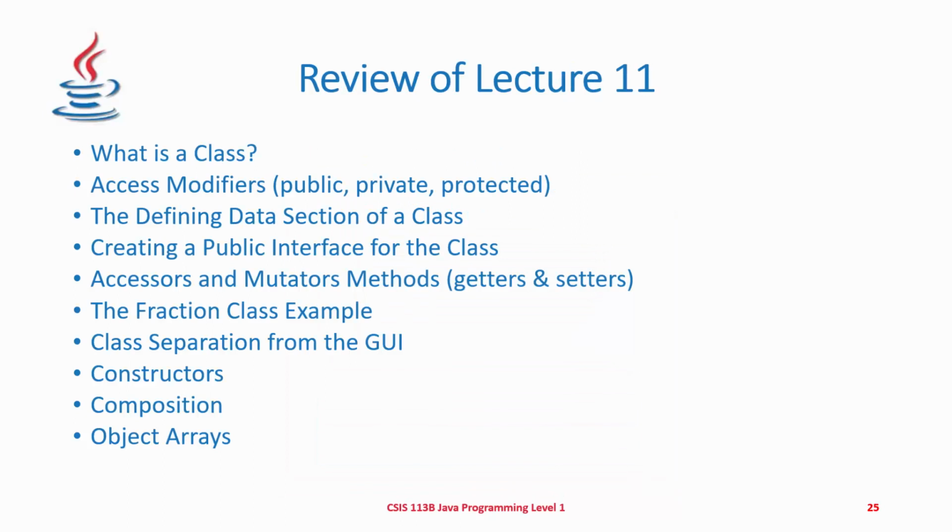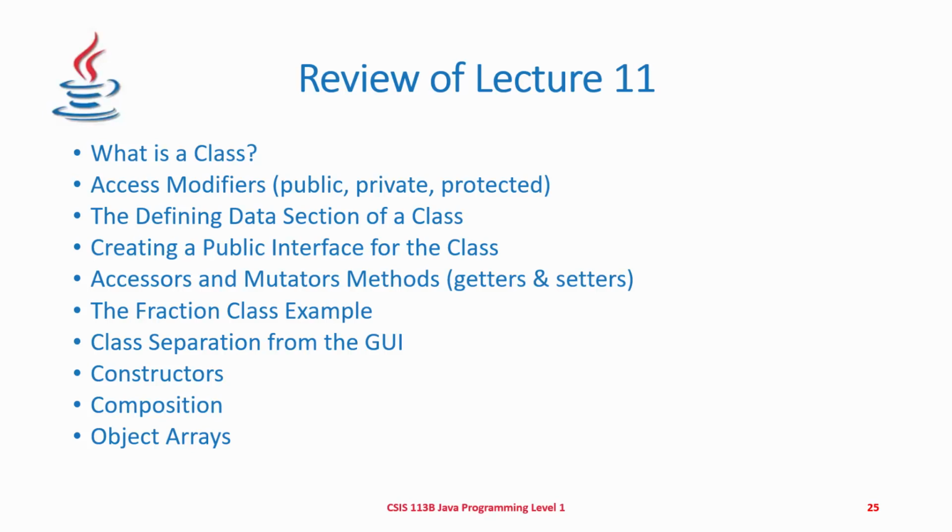We talked about what a class is, talked about the various access modifiers, basically saying stick to public anytime you create your own custom classes. We talked about the fact that there's essentially 2 sections within a custom class, the data section and your method sections.